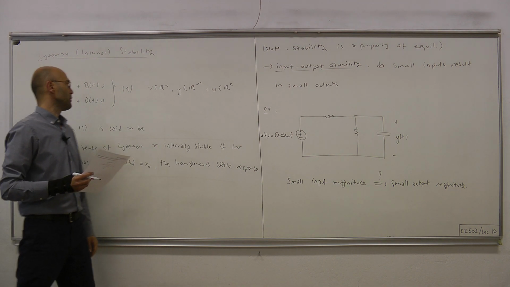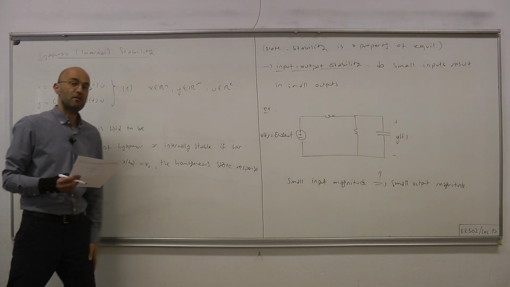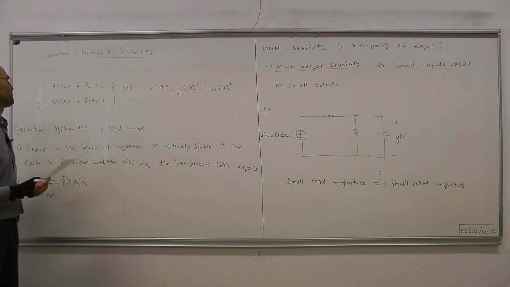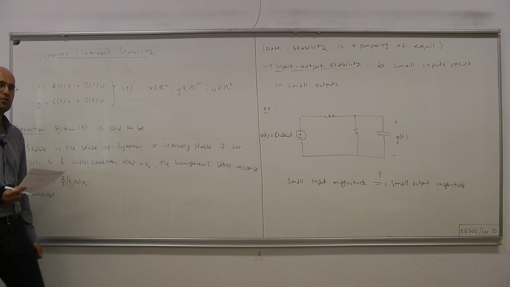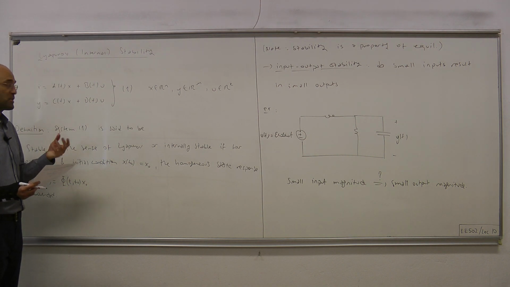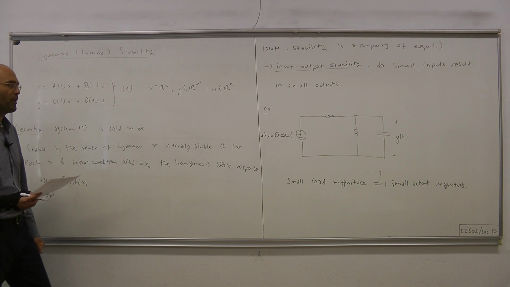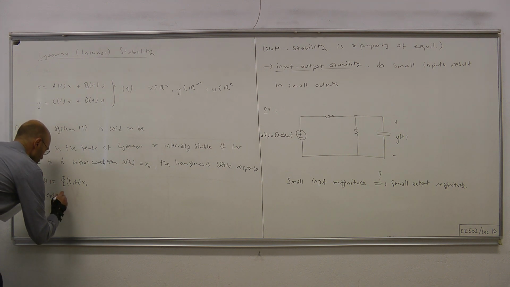Okay, so we don't care about what the input does, so we just exclude the effect of input if there is such an input on the system, and we only look at the homogeneous part of the solution. And if it's always bounded, then system 1 is said to be stable in the sense of Lyapunov.